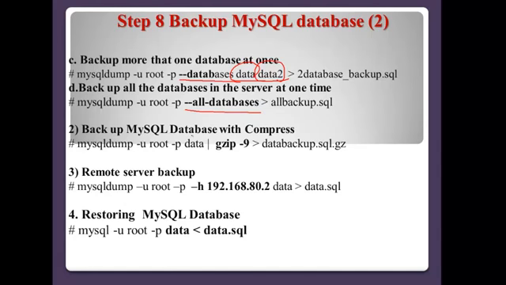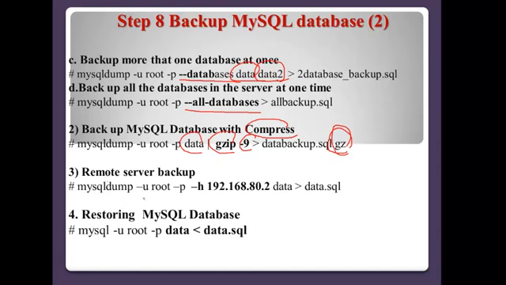Number 2, backup MySQL data using compression, using gzip like this. mysqldump -u root -p data, where data is the database name, and after that gzip -9, and then the database .sql.gz. Then this command will make a backup file with the extension gzip. Number C, the remote server backup.